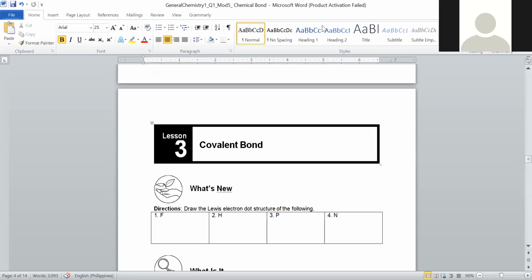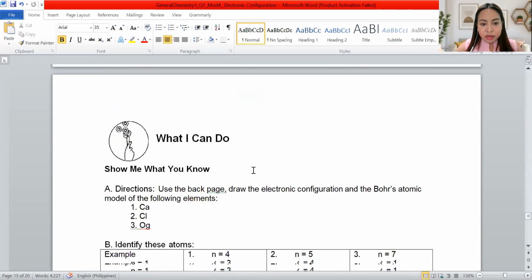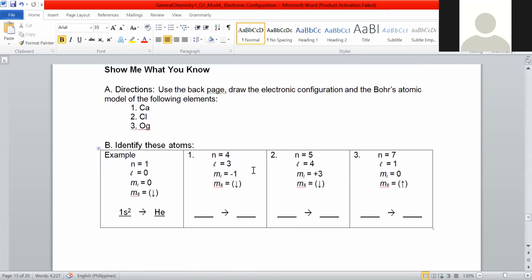Identify number 2, L equals 4. Is that possible?